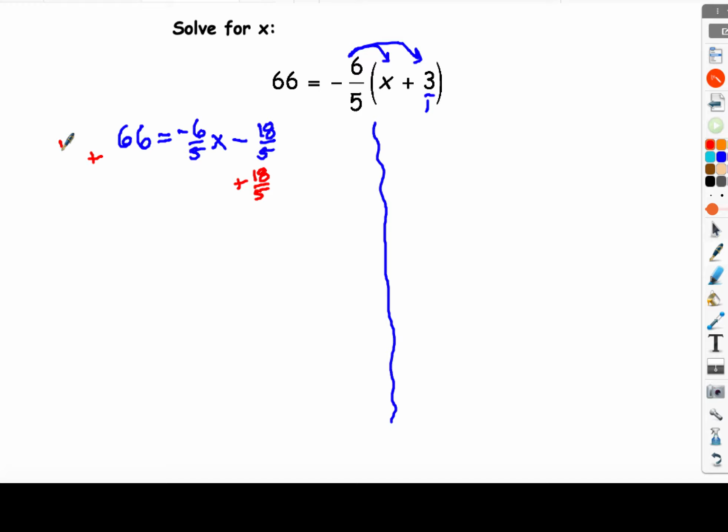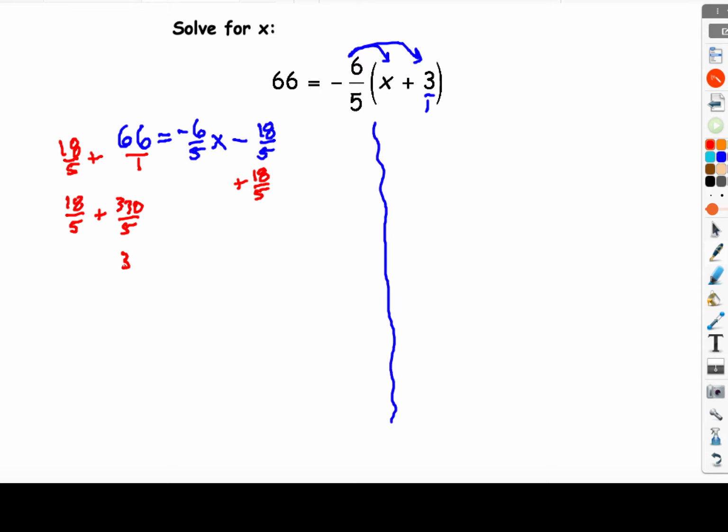So add 18/5. Well, now I need to figure out what 66 would be in fifths. So 18/5 plus what? Let's go ahead and multiply the bottom by 5, and we'll multiply the top by 5. That would be 330.